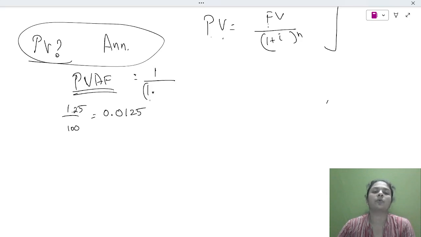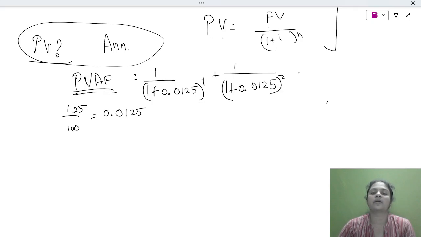So you will do 1 divided by 1.0125 power 1, plus 1 divided by 1.0125 the whole square, and so on till 1 divided by 1.0125 the whole power 12.